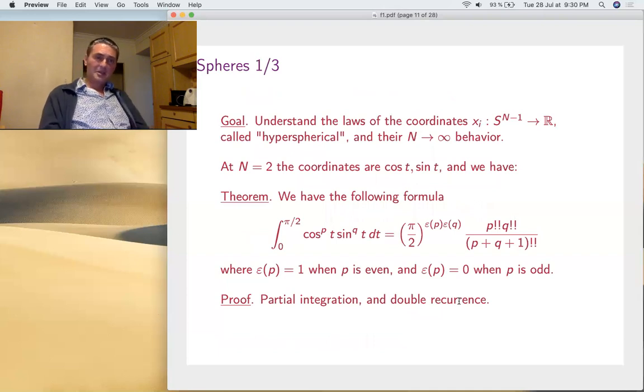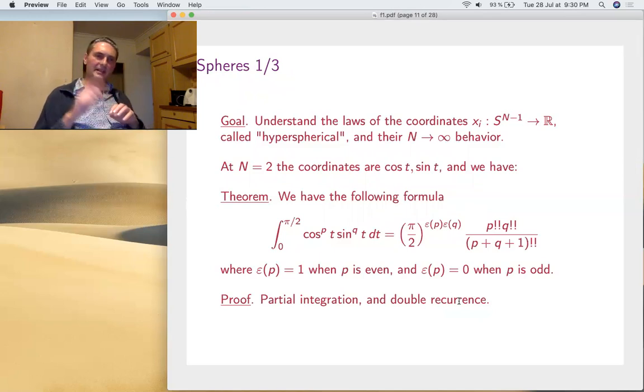Now, let's do some kind of first application. So it's going to be very mathematical, but once again, we're not doing probability here in the classical probabilistic way. Our goal is to have a look at probability, which is helpful for doing free probability afterwards. So one interesting problem is that of understanding the hyperspherical laws, meaning the laws of the coordinates of the usual sphere in R^n.